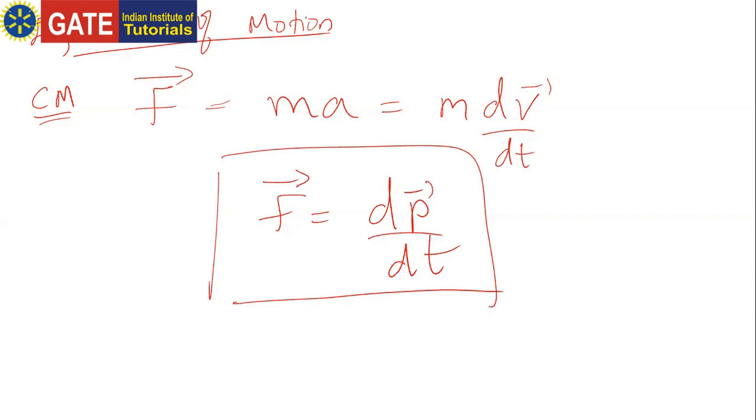In quantum mechanics, how can we write the equation of motion? In quantum mechanics, our physical quantity is our operator, A cap.